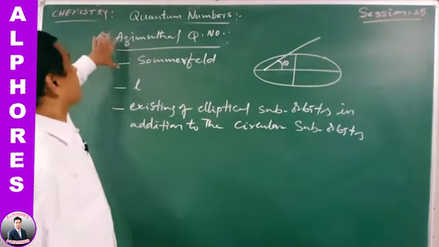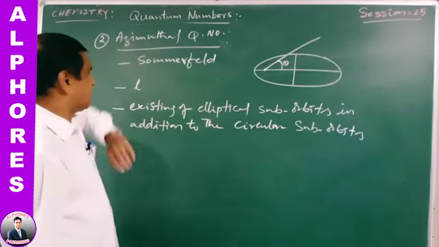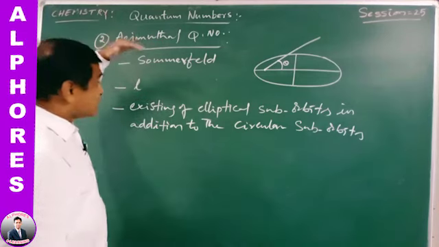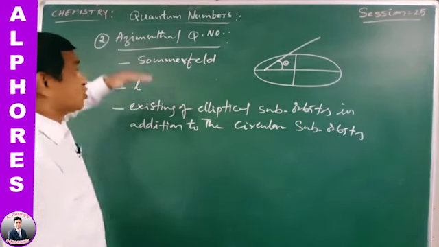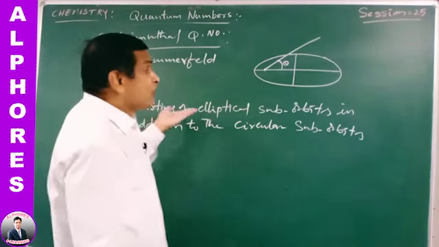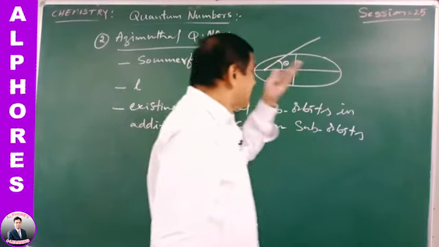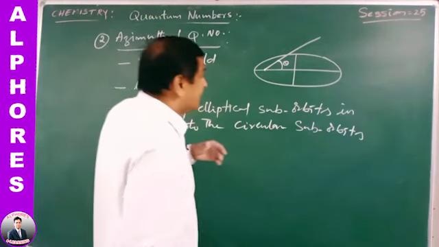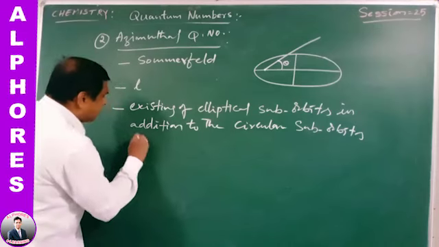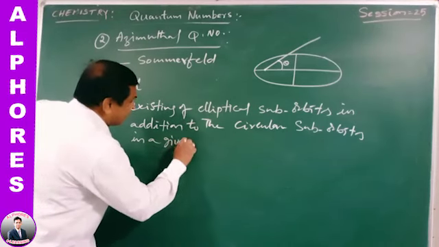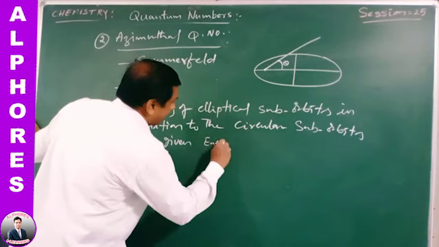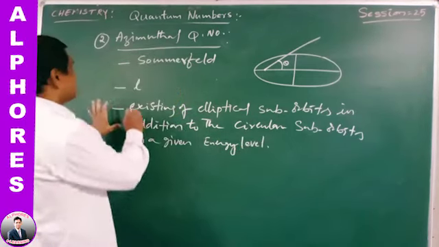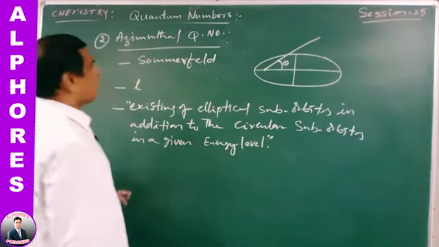I repeat, Sommerfeld explained the azimuthal quantum number. According to Sommerfeld, what does it explain? It explains the existence of elliptical suborbits in addition to the circular suborbits in a given energy level. That is the introduction of the azimuthal quantum number.